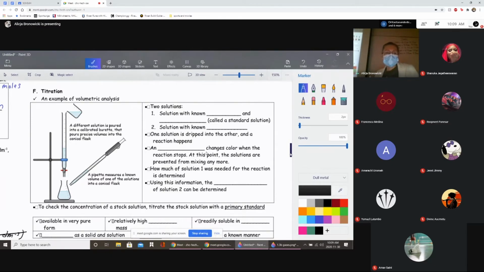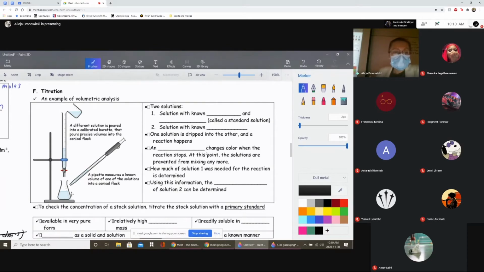Okay, so let's take a look at this thing called the titration, right? You've heard the word, you kind of saw some of the equipment. So let's go over it. The point of a titration is you have something where you don't know the concentration.